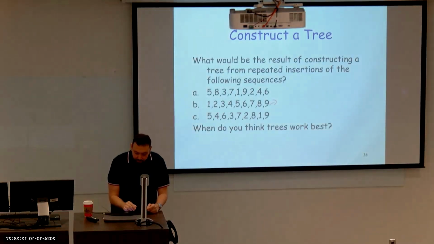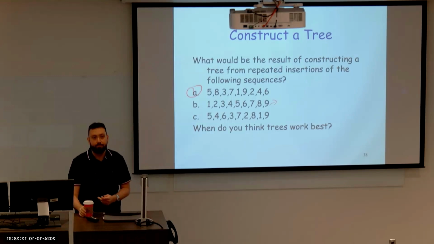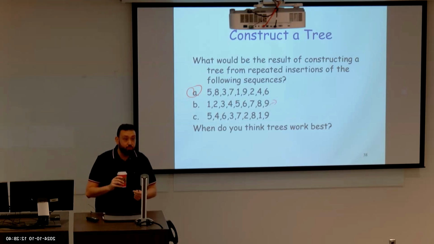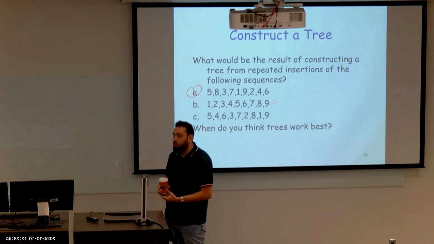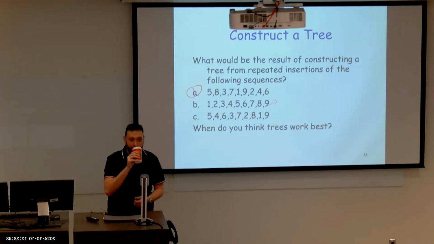Please do the number 4 in front of you. Number A. Number 8. Do the first thing. Binary search tree for the first one: 5, 8, 3, 7. Do it in front of you. It's better to practice here so you don't spend hours at home trying to figure out the quiz. So please practice here with me and ask me questions.